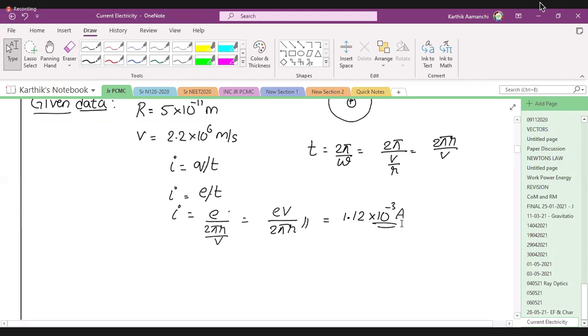It is defined as the average drift velocity, the average velocity when unit electric field strength is applied.